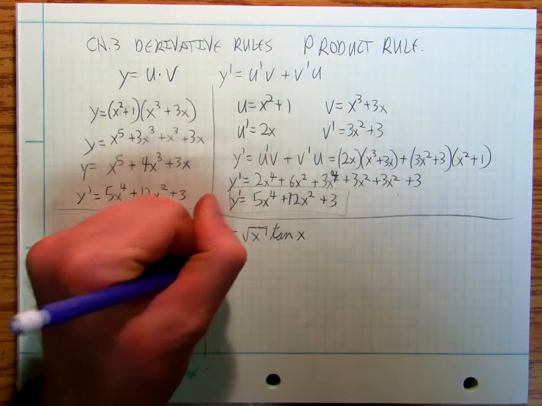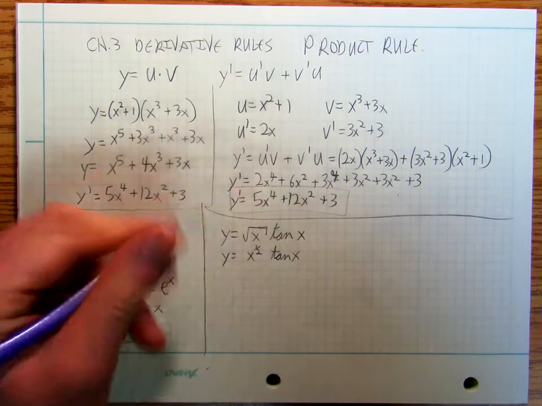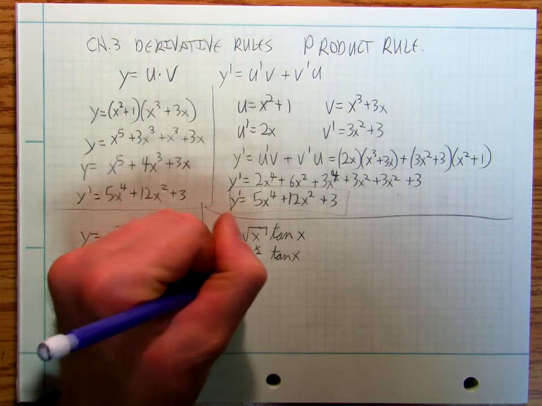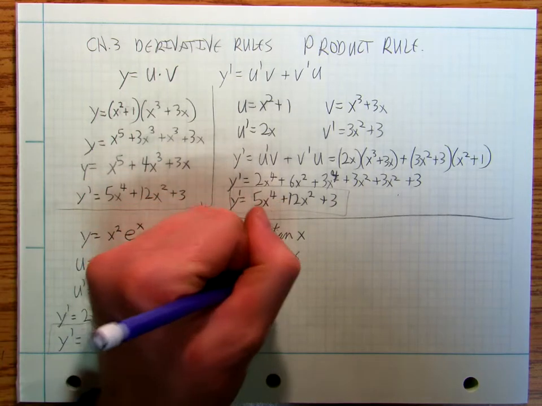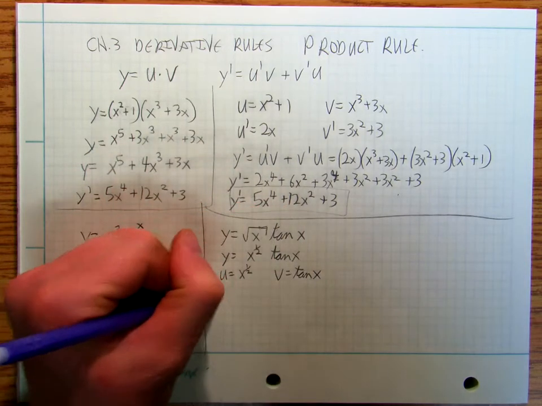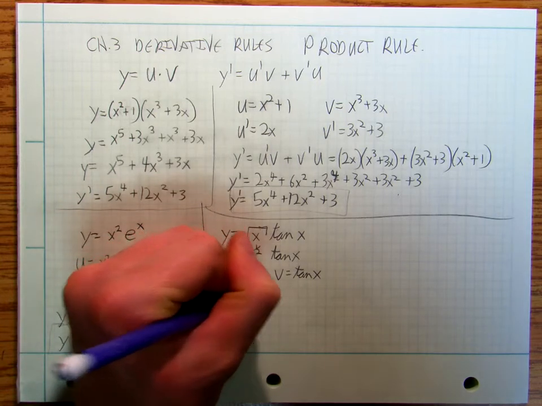So I'm going to say y equals x to the 1/2 times tangent x. I'm going to say my u is equal to x to the 1/2, and my v is equal to tangent x. My u prime is equal to 1/2 x to the negative 1/2.